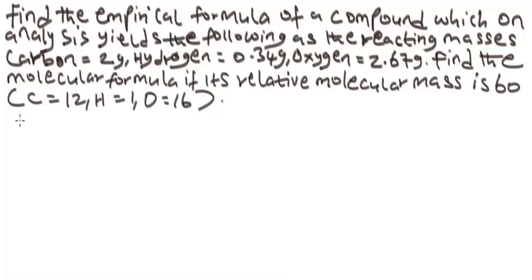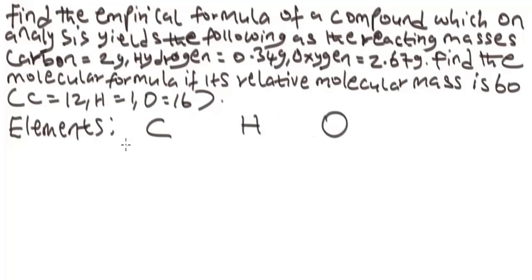Alright, so the first thing we have to do is to outline the elements in the question. So elements here, we have carbon, we have hydrogen, and we have oxygen. Next thing you have to do is to bring out the reacting masses.